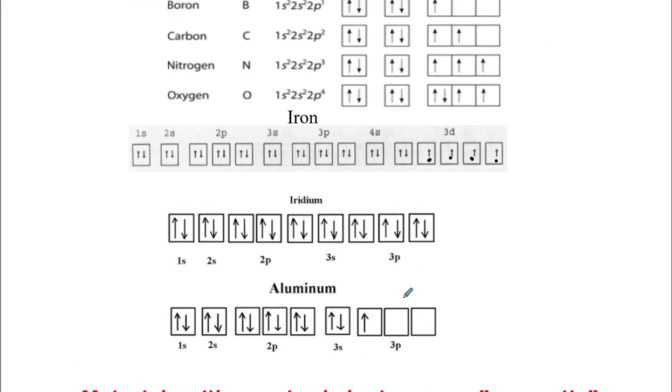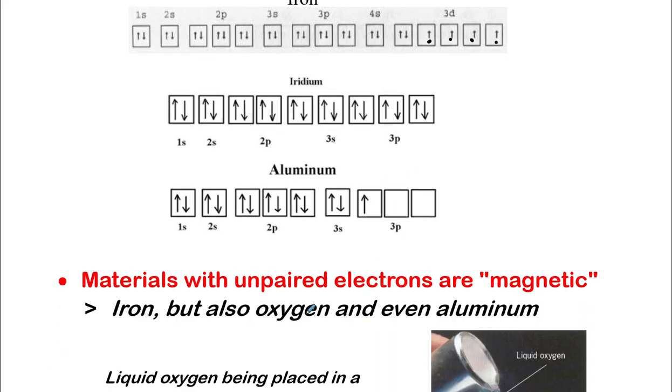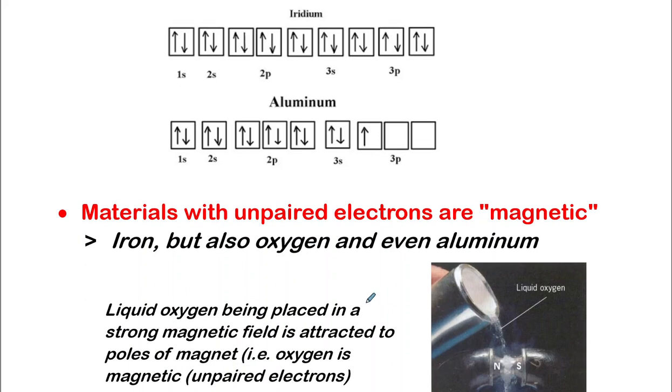Aluminum isn't something that we think of when we think of a magnetic material, but it has a lone electron, and as we've seen in class, even aluminum, when put by a really strong magnet, can act like a magnet, and that's because it has this lone electron. So materials with unpaired electrons are magnetic, iron, but even oxygen and aluminum can be.